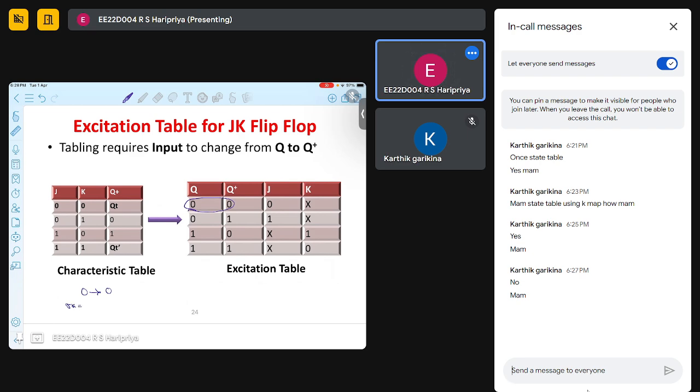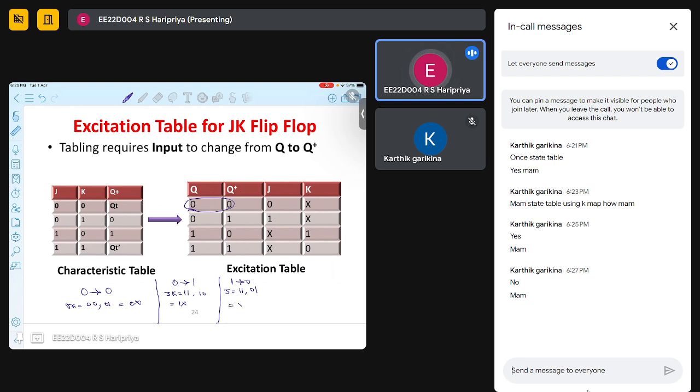JK, if it is same, so 0, 0 memory state or reset state 0, 1. So this means 0x. So next 0 to 1, it is like a toggle or set. So JK can be toggle 1, 1 or set 1, 0. This is 1x. Next 1 to 0 is again a toggle or reset.